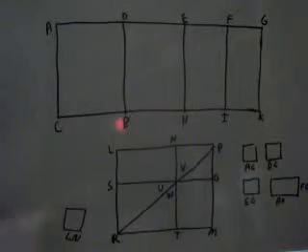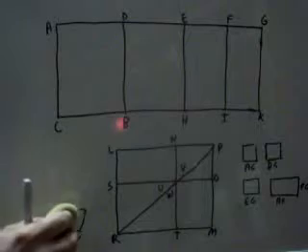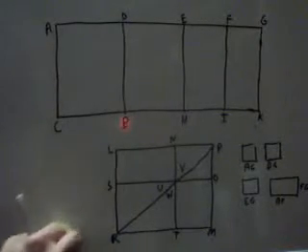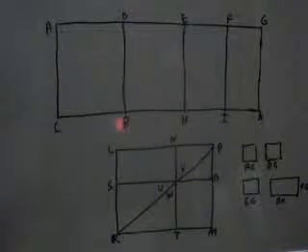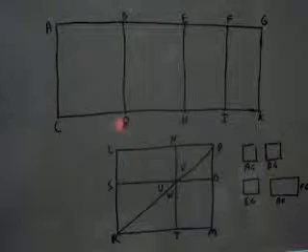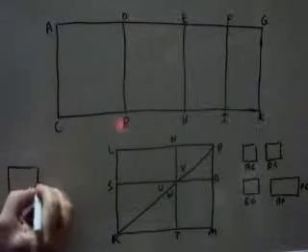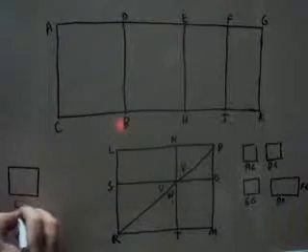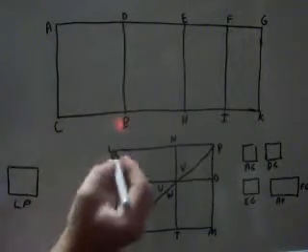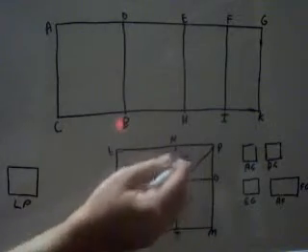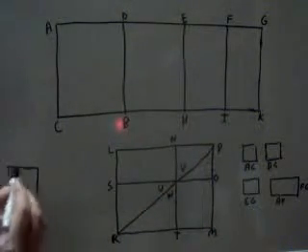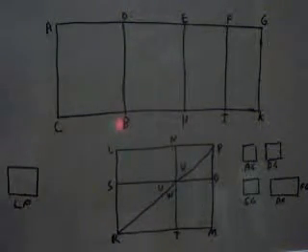What are the squares on LP? Well, we're going to represent them here. What's the square of LP? Well, what we're going to do is take the length of LP and turn it into a square. All four sides of this square are going to be the length of LP.